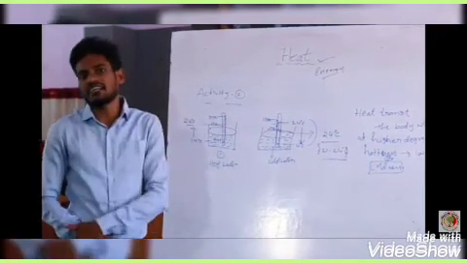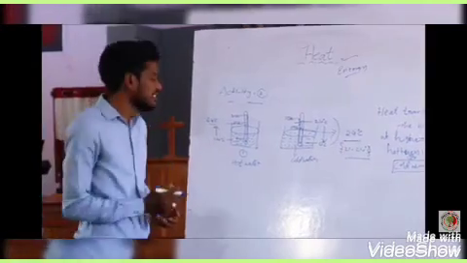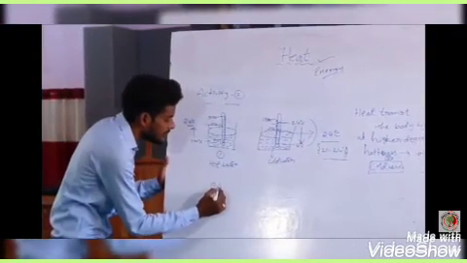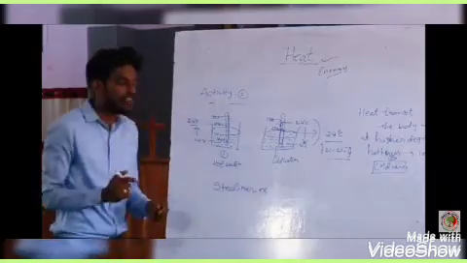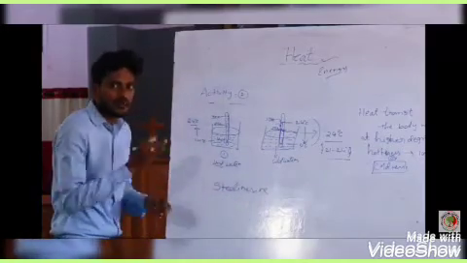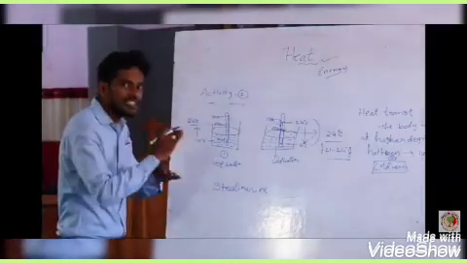So how can we find the equilibrium state? By the steadiness of the mercury level. The mercury level should be stable. That means the equilibrium state has happened.